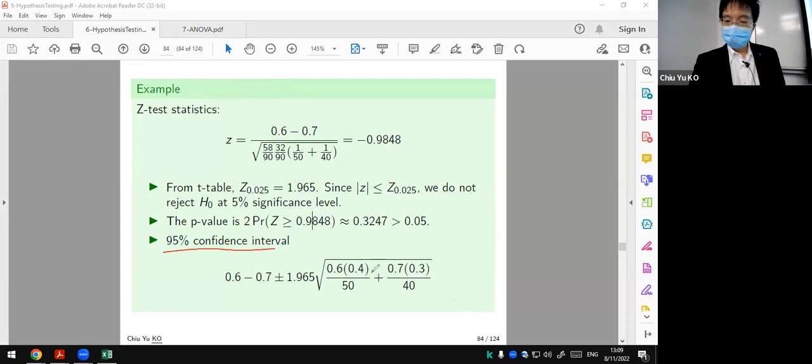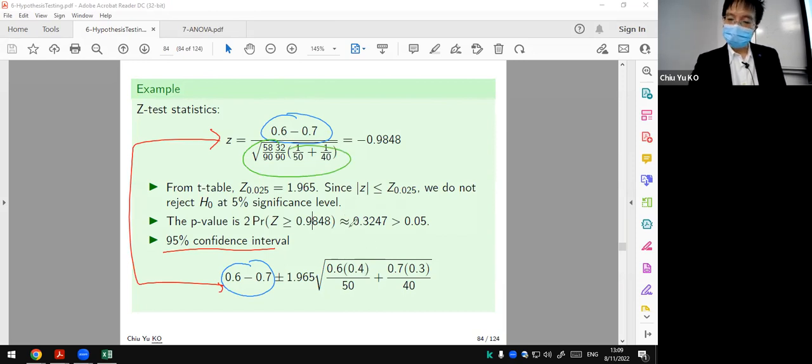Just to let you know, this and this are very close to each other. The numerator is right here, but just this denominator is different. So this is not the same.